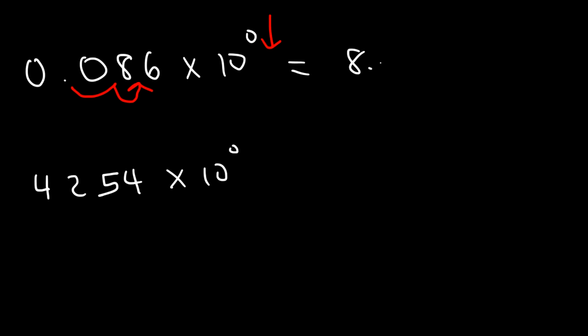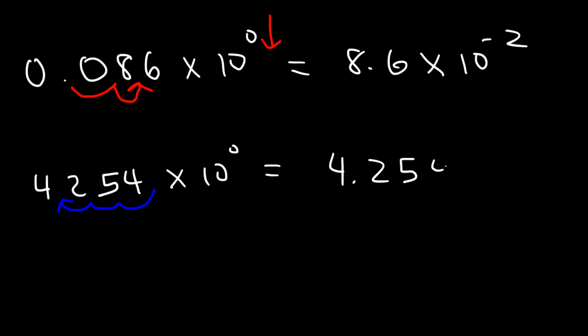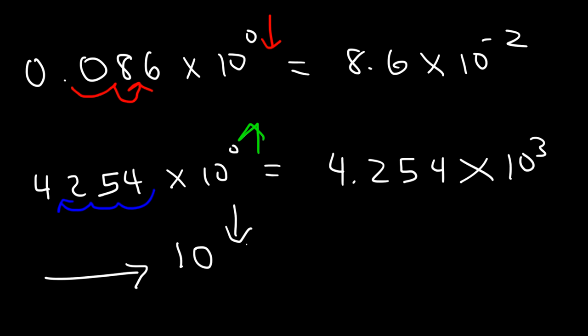So this becomes 8.6 times 10 to the minus 2. When we move the decimal point, let's say to the left, the exponent increases, in this case by 3. So this is 10 to the third. So make sure you know this. Anytime you move the decimal point to the right, the exponent is going to decrease. If you move the decimal point to the left, the exponent will increase.